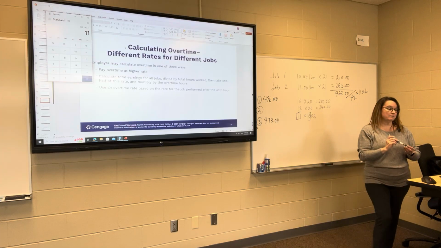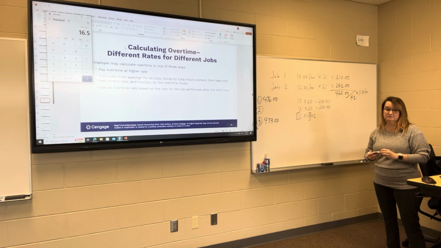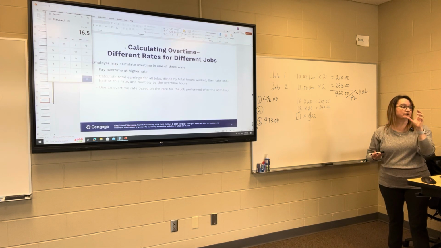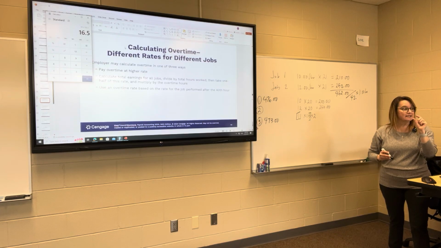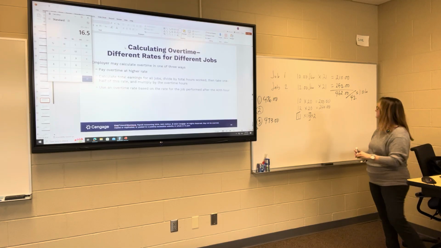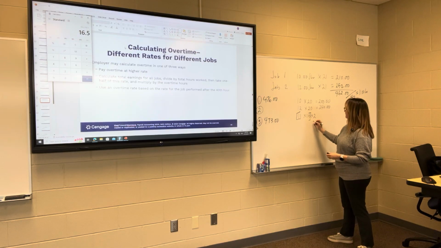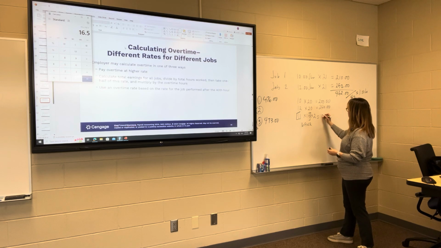So our overtime rate at $11 an hour is $16.50. What we did with the 11 is we figured out what the average rate was between those two rates based upon the number of hours that they worked. We needed that in order to calculate what the overtime rate is for those hours. So the overtime rate that we're using is a weighted average of the rate that they earned. So this is 16.5 times 2, so $33.